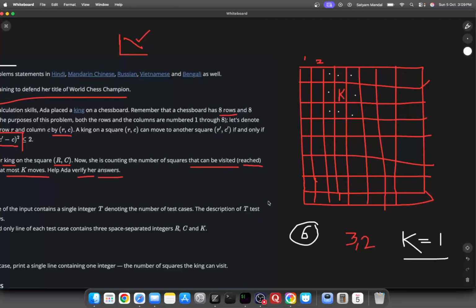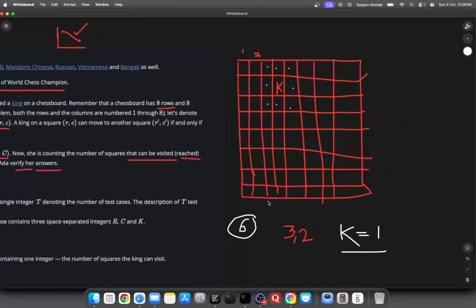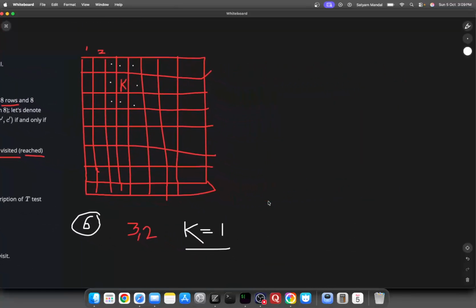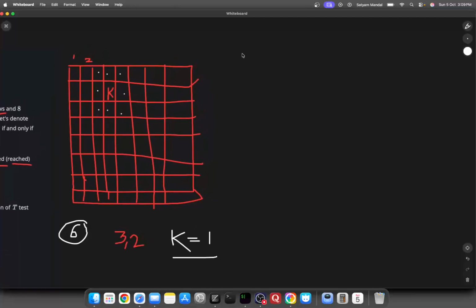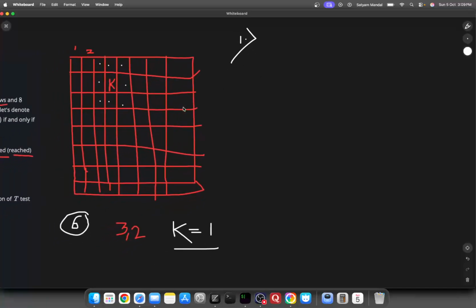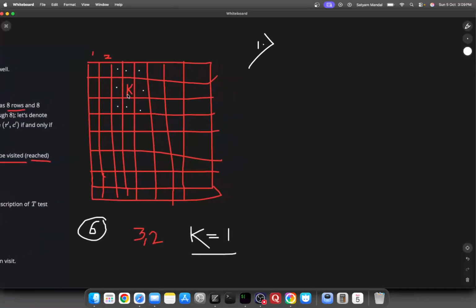So how can we calculate this? There are two ways to calculate this. The first one is the easier way, which I implemented. Simply I calculate how far we can go using this K towards the top, right?